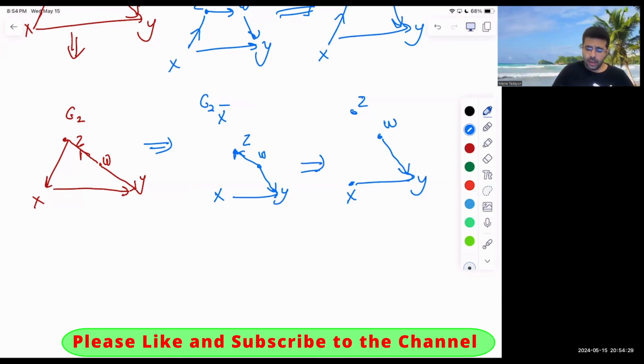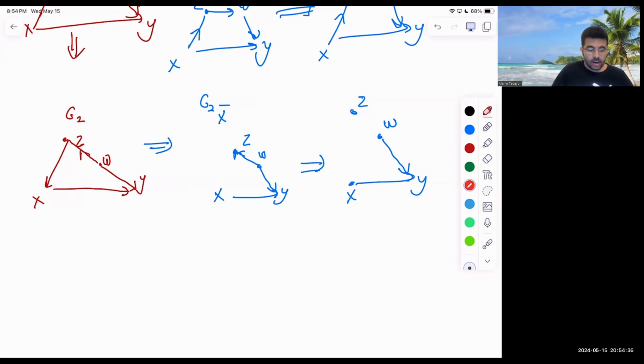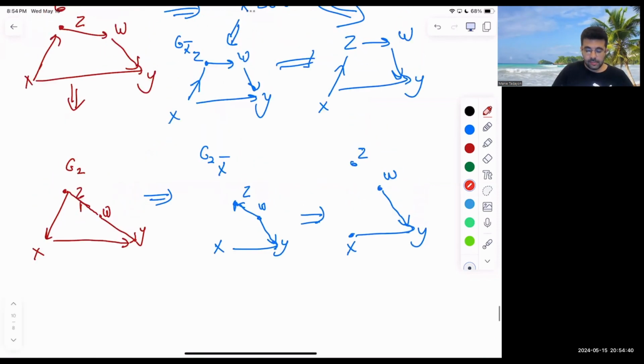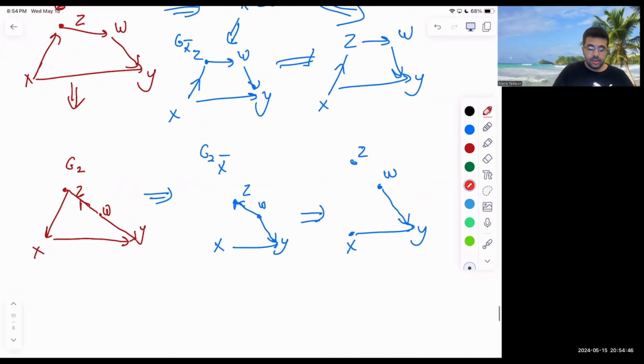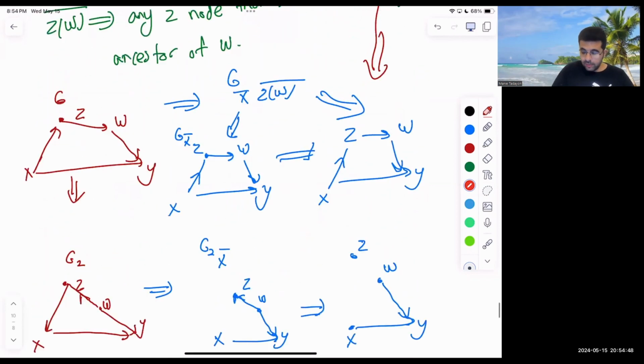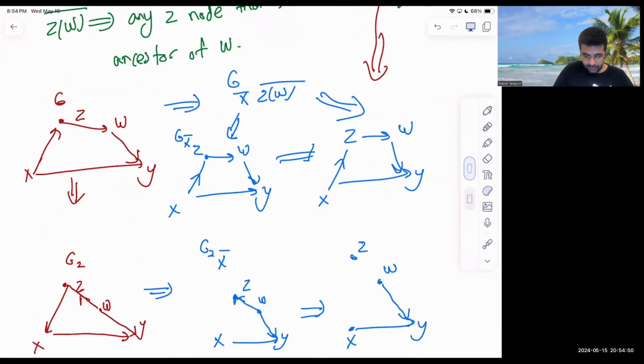Now, I want to tell you more about how I think about this one. This is all great, but how would I think about this problem here? What's the way that I'm actually looking at this problem? Okay, so I start with one of these graphs.